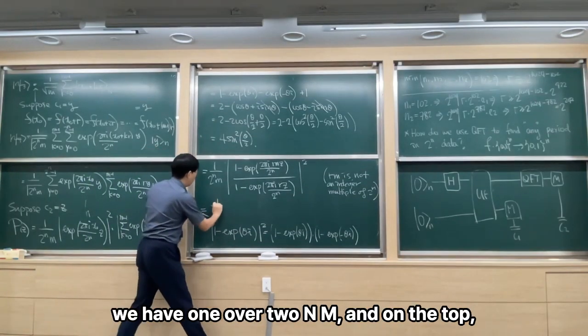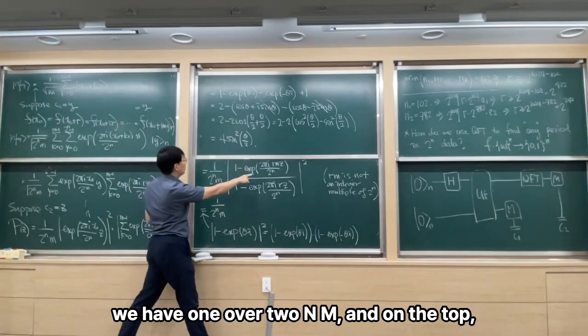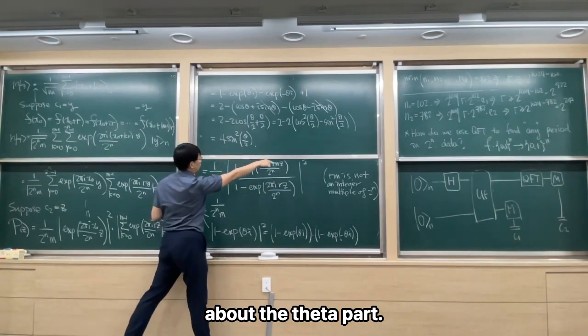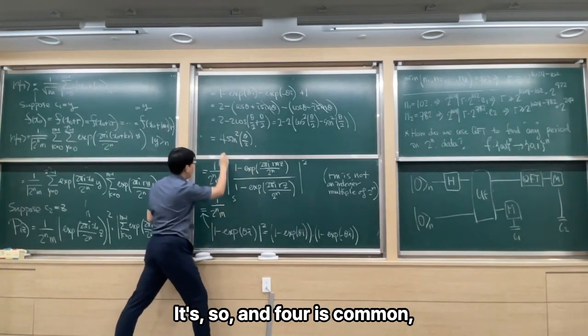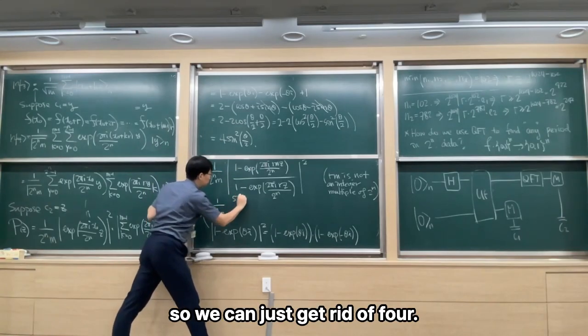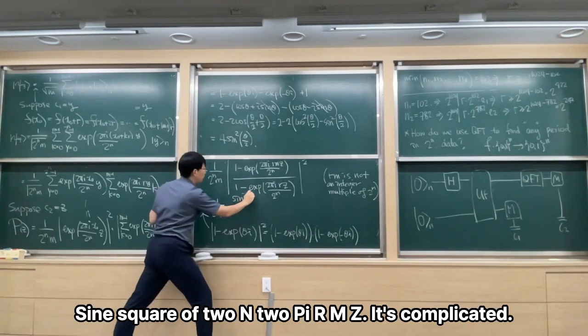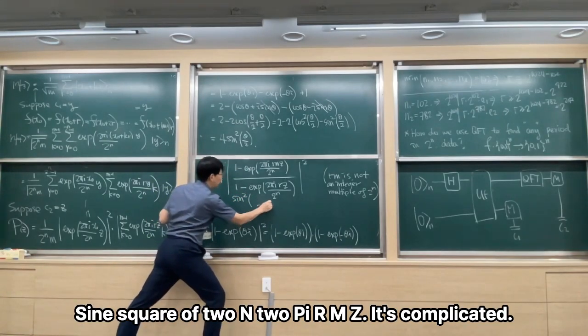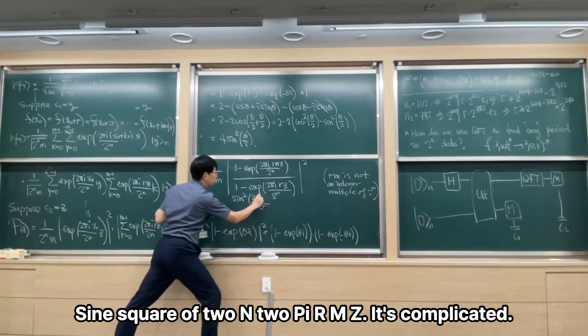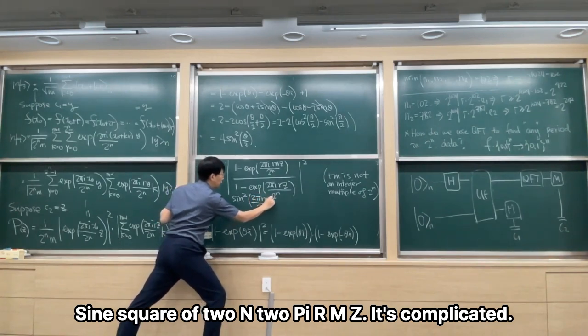So we have 1 over 2 to the n m, and on the top, just be careful about the theta part. The 4 is common, so I can just get rid of 4. Sine square of 2 pi r m z over 2 to the n.